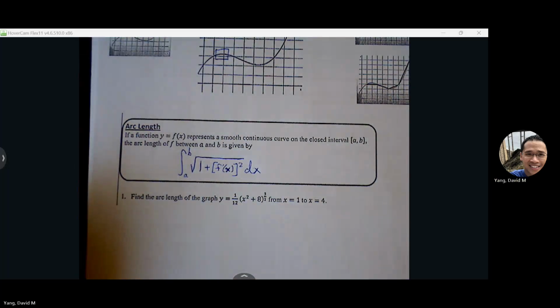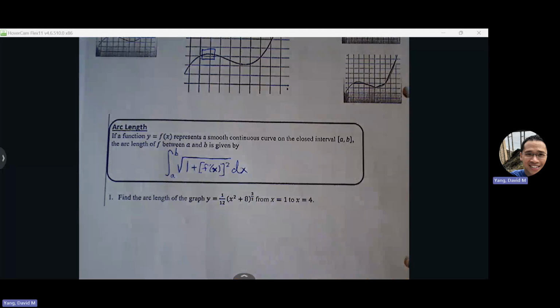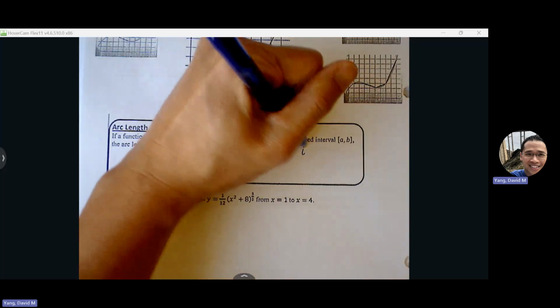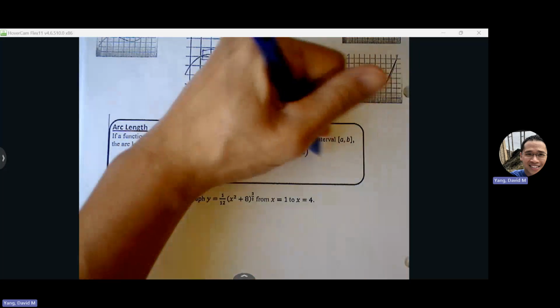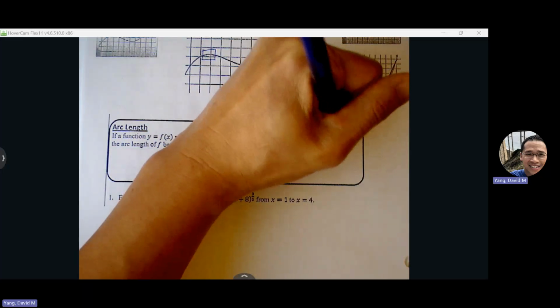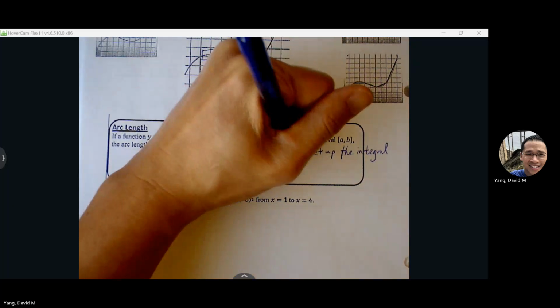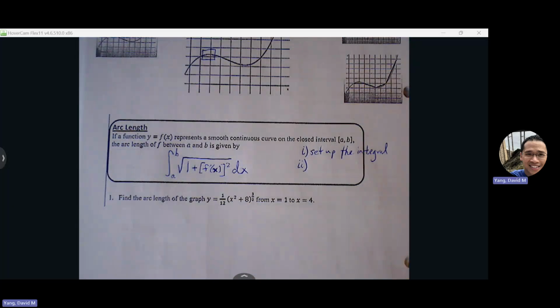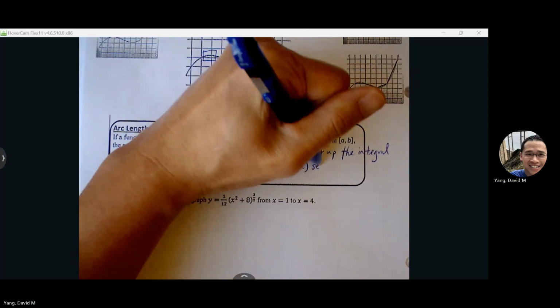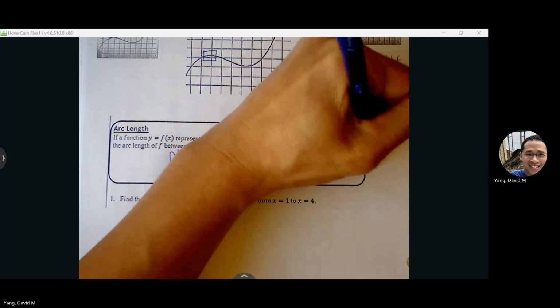There are three ways that we need to be able to apply this formula. The first way is that sometimes the problem just asks you to set up the integral, and that can be the answer. Another way is where you set up the integral and then simply plug it into the calculator to find that distance.